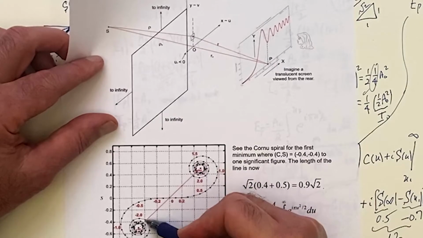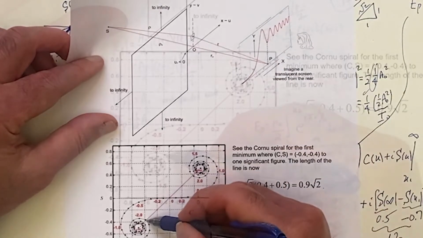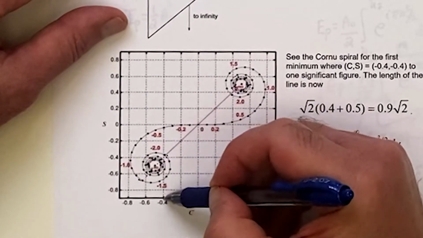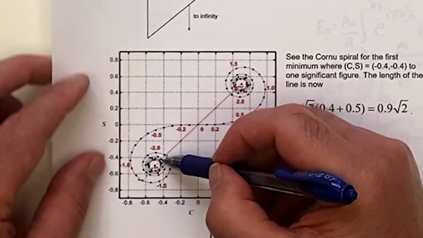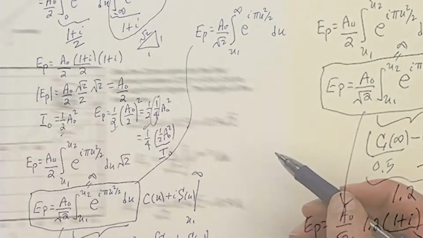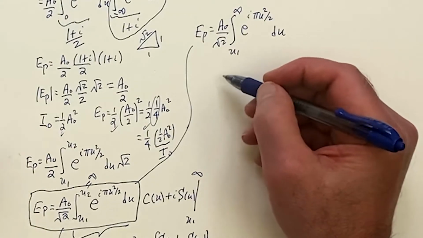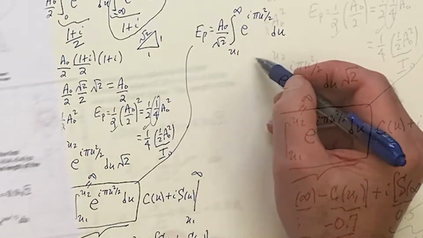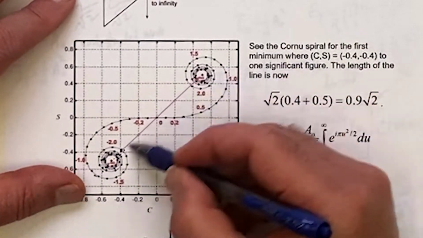Well, this one is very close. That's for this minimum here. This one is very close to negative 0.4 and negative 0.4, all right? So if we look at that and do the same sort of thing, this integral is actually quite easy to do if you just remember you want this length.